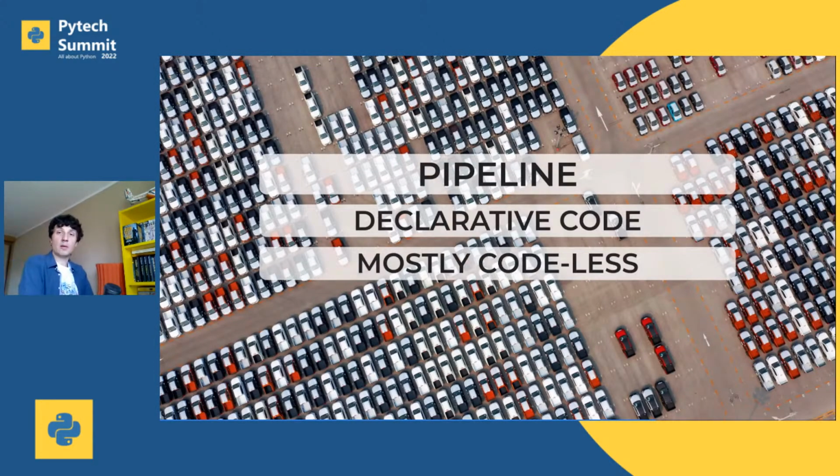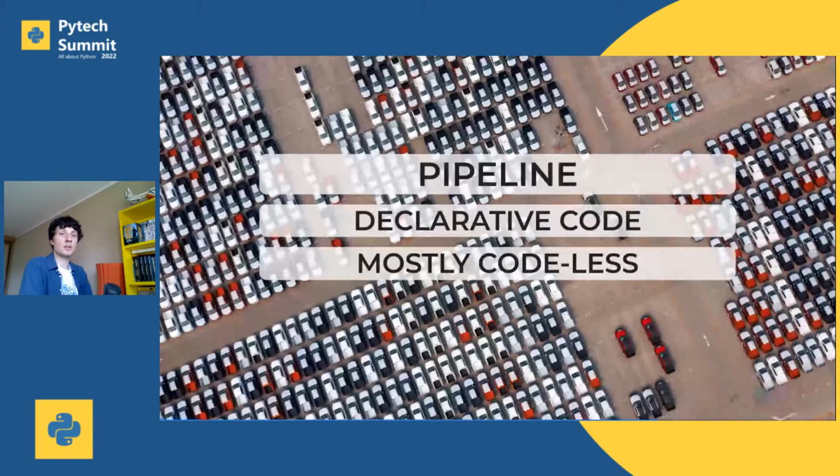We used declarative code. Most of the pipeline steps, we just described what we expect from the pipeline, but we didn't have to implement it. Most of the stuff is codeless. Very few components require callbacks. Those callbacks are required only in those components where it's impossible to provide some kind of configuration. For example, the preprocessing can be super custom.